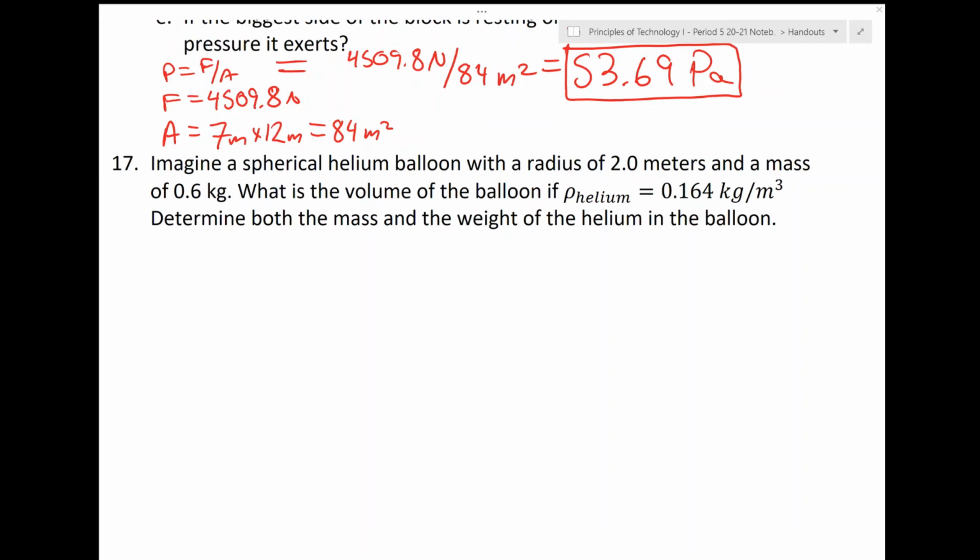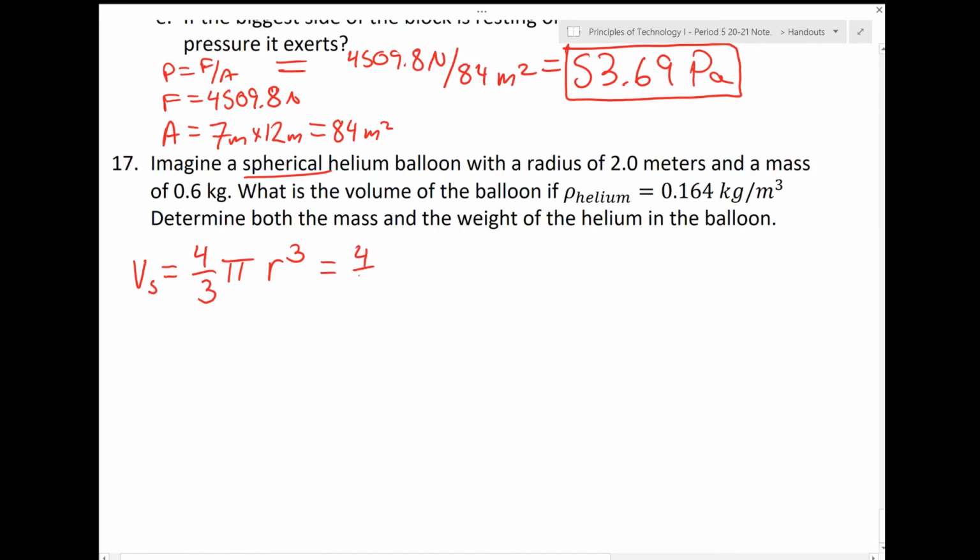First of all, to find the volume of the balloon, it has nothing to do with the density of the helium. The volume of the balloon is simply finding the volume of the sphere, because it says it's spherical, which is 4/3 times pi times the radius of the balloon to the third power.